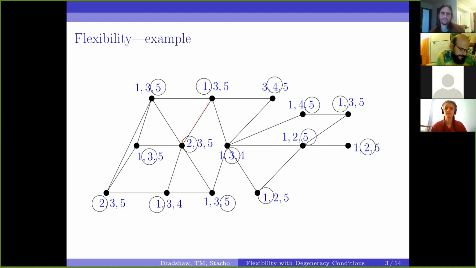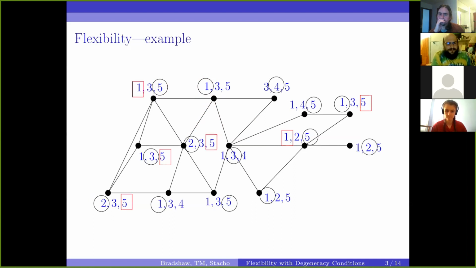You can check all the edges, and that's nice. But in some problems, some vertices might have preferences. Here the preferences are denoted by those squares. Not each vertex has to have a preference, and neighboring vertices can have the same preferences, as you see in this example.